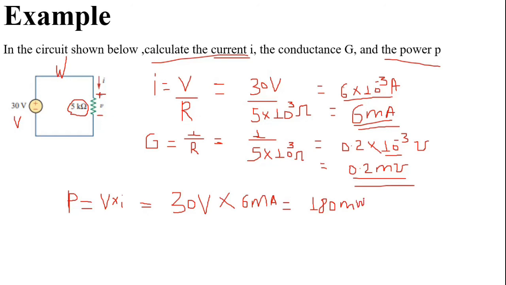So the power dissipated on this element can be calculated as 180 milliwatts.